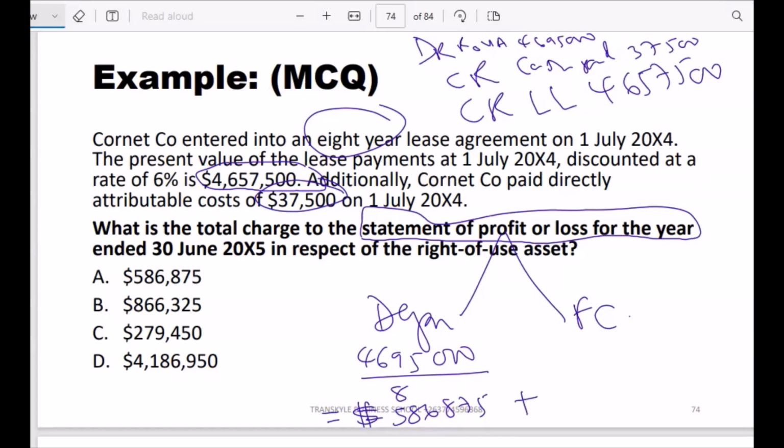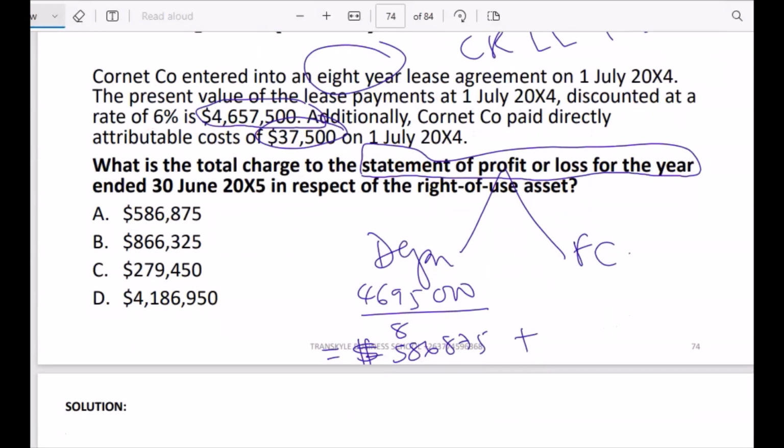Then we have to determine the finance cost. Now, the finance cost is determined by whether we are going to use the in advance or in arrears arrangement. Given the information in the question, you can see that using the in advance option is not going to be feasible.